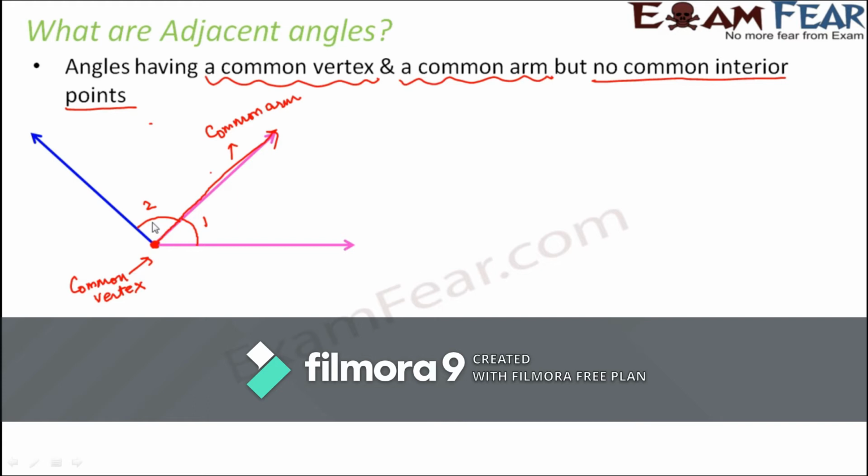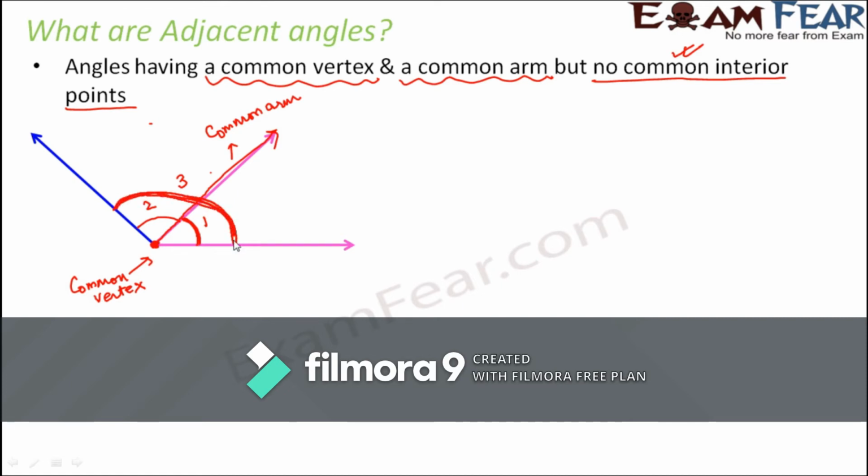Now you might ask, okay, only with common vertex and common arm we can see whether they are adjacent or not. So why do we need this third criteria that they should not have any common interior points? That is because, let us say I ask you whether angle 1 and this angle, let me call this angle 3, are adjacent.